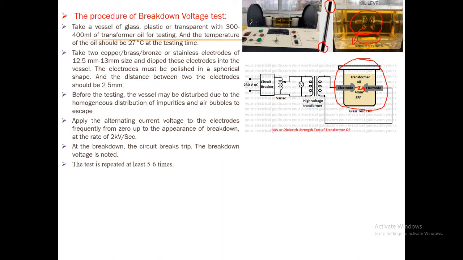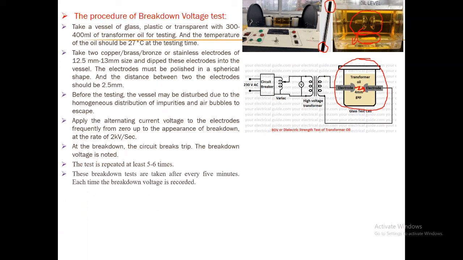So the test engineer has the 5 readings. Let us say I'm conducting the test 5 times. Now I need to take the average of those 5 readings, which gives me the breakdown voltage value or the dielectric strength value of a given dielectric material.